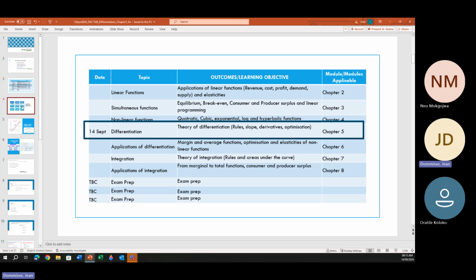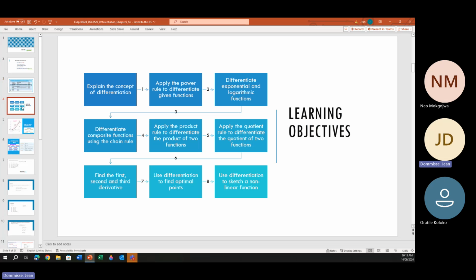So when we go into differentiation, just a few things that are important.